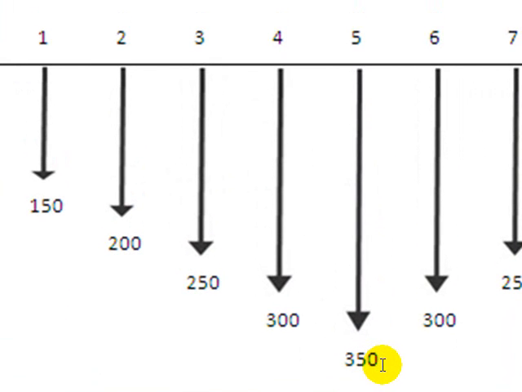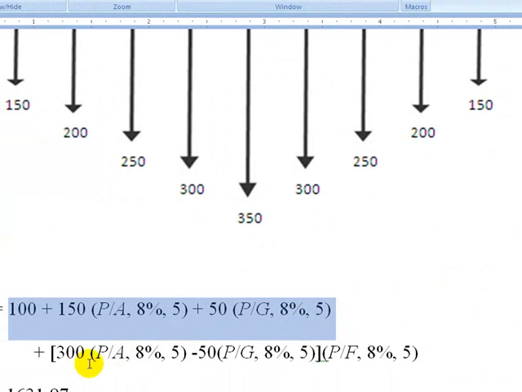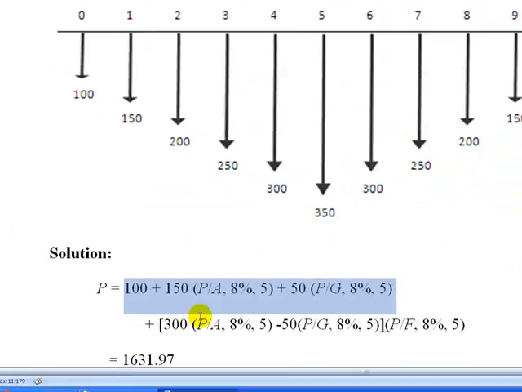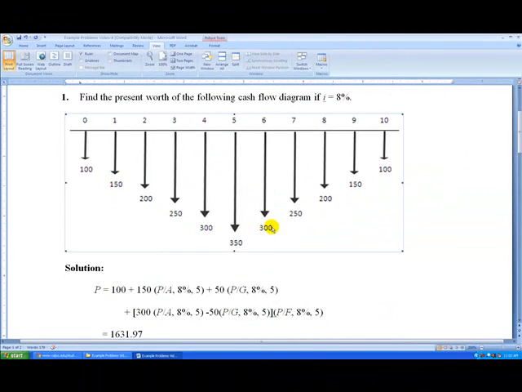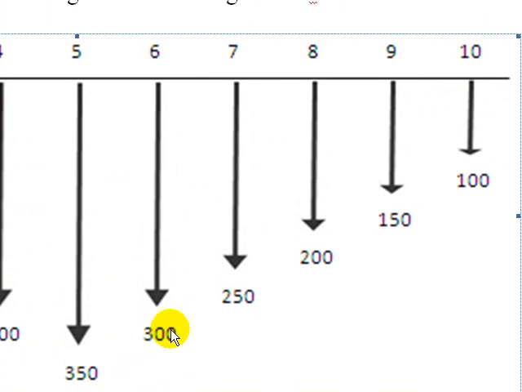But now we still need to think about the cash flows from year 6 to 10 onwards. So for that we need to add some other terms to the formula. So plus 300, that 300 is coming from here. If you look at the cash flows from year 6 onwards, 300, 250, 200, 150, 100.